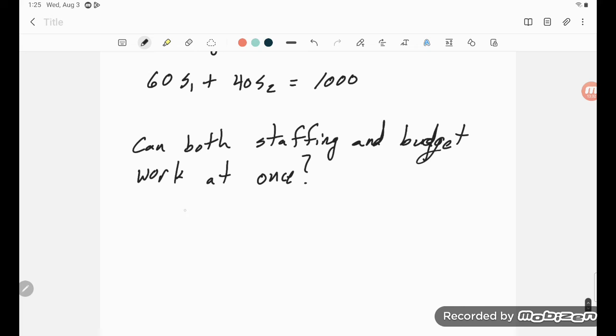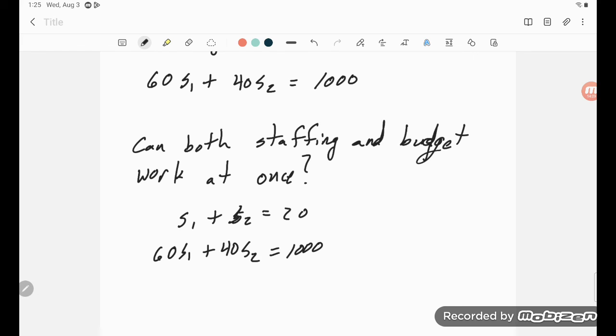And so we're asking, can we have S1 plus S2 equal to 20 and 60S1 plus 40S2 equal to 1,000? And we'll look at how we can solve those. We'll look at it algebraically. We'll look at it in Desmos. But the question is, can both of those happen at once?